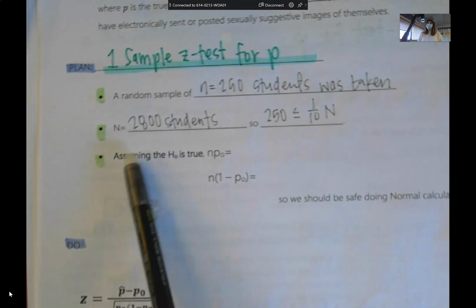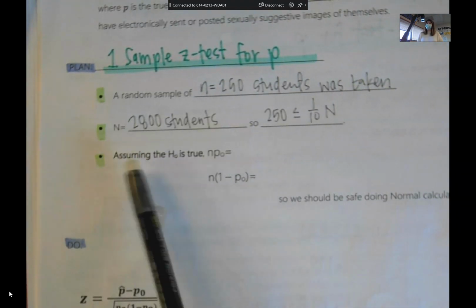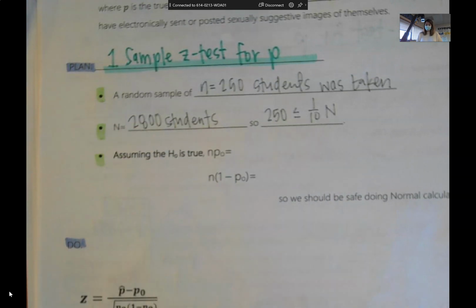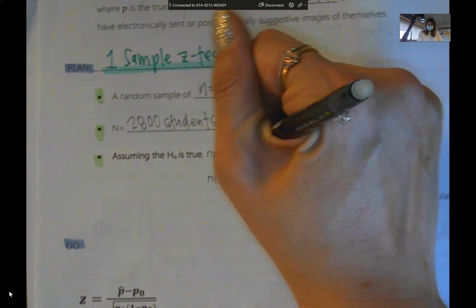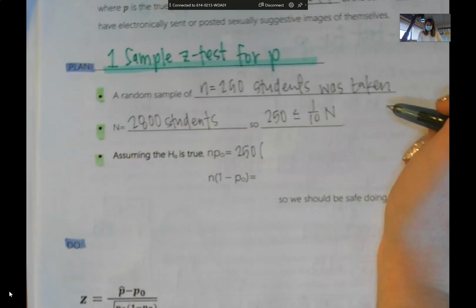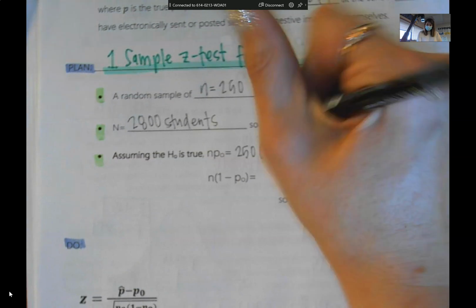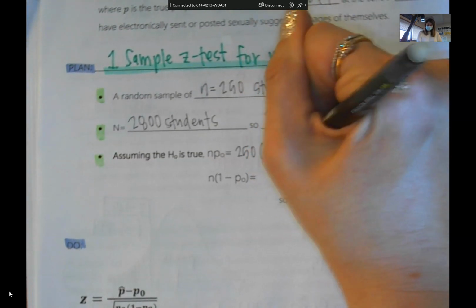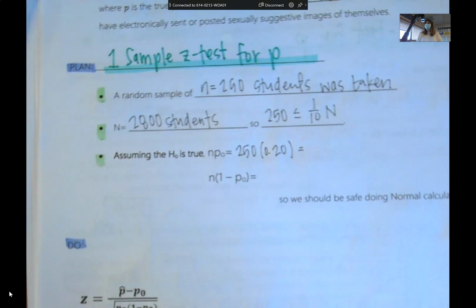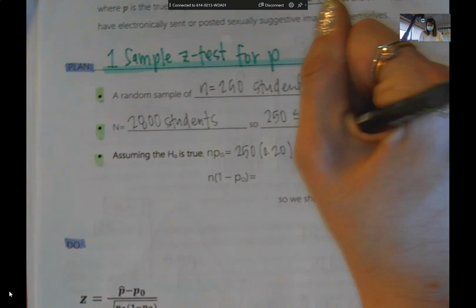For our large counts, notice that we start again with assuming the null is true. N times P would be 250 times 0.20. I think that's 50.